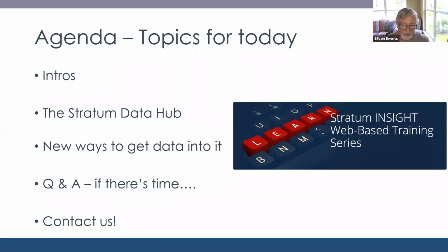So our objective in thinking of Stratum as more of a hub, and what that means with the development and work that we're doing around that, is to expand the role of Stratum to include new and expanded sets of information you might want to have in Stratum.